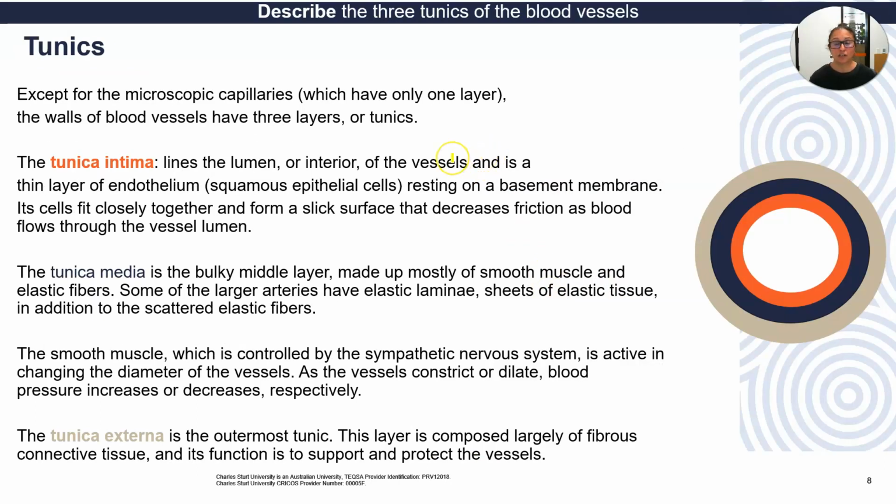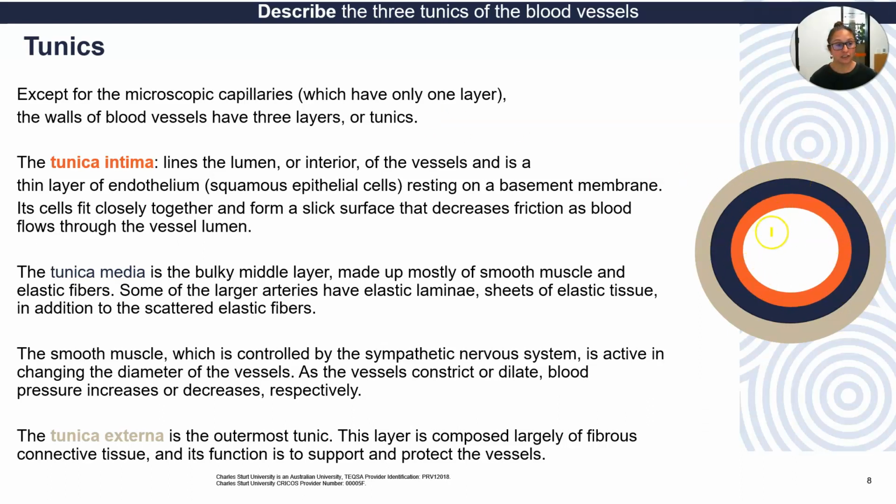Before we get into looking at all of the different blood vessels that we're going to learn about, we need to understand that blood vessels, all blood vessels, are made up of 3 parts, and these are called tunics.